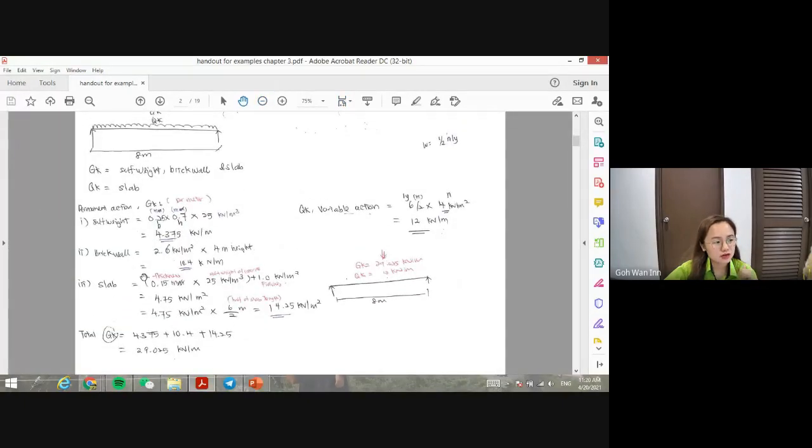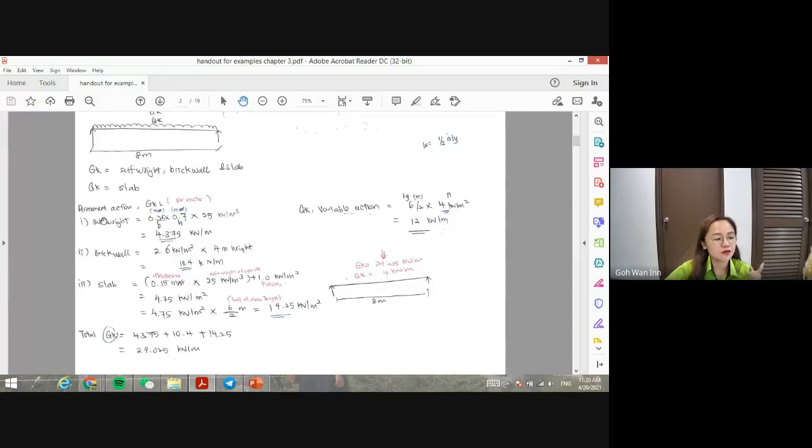Let me give you some idea. First you need to calculate the slab self weight, and then convert it to kilonewton per meter to distribute to the beam. Then you also have the variable actions, which distribute to the beam.